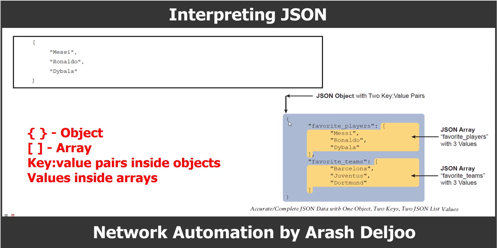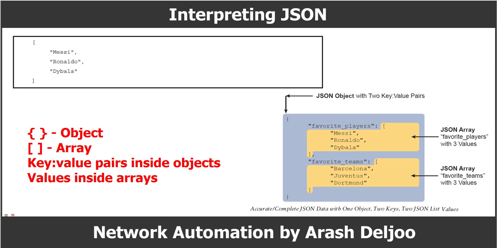You know that with curly brackets we identify the objects. That object contains two columns, so there are two key value pairs. You know that each column means one key value pair inside the object.